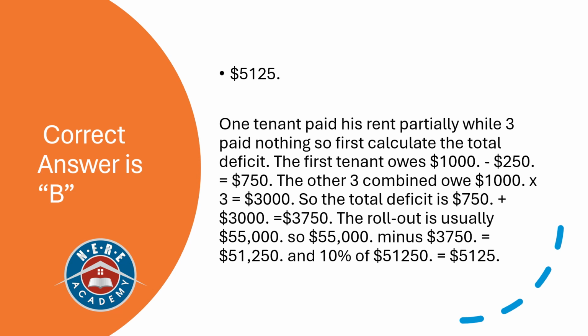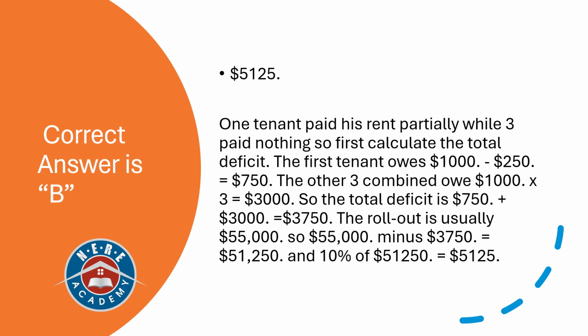Well, one tenant paid his rent partially, while 3 paid absolutely nothing. Now, if the management company is receiving monies based on what they collected, we need to do some calculations here. So the first tenant owes $1,000, but they only paid $250. So right away we have a deficit of $750. The other 3 combined owed $3,000, and they didn't pay at all.